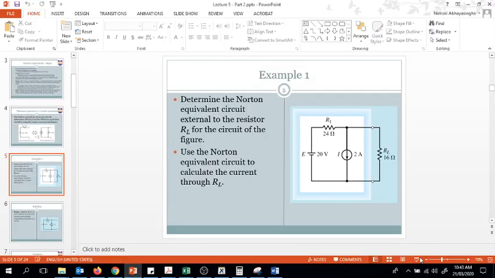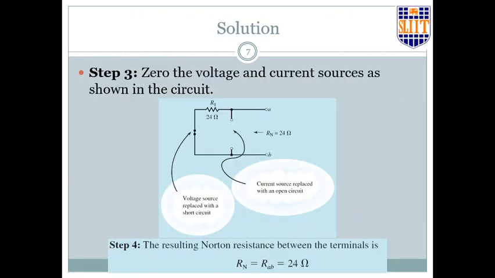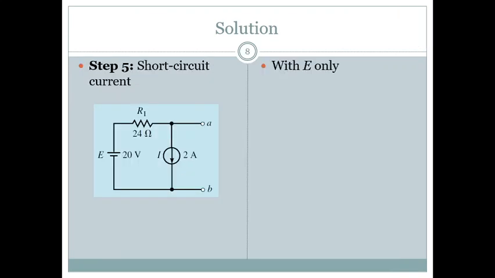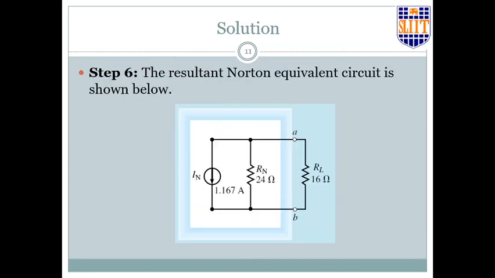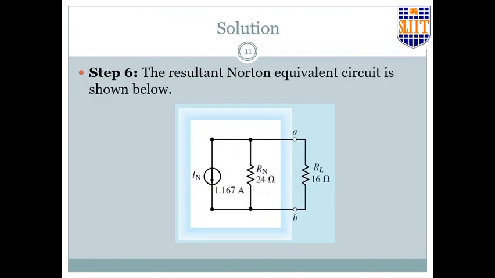Right, so that's that. The steps are shown in here anyway. So okay, the solution is this, and you get the values that we discussed in the example.